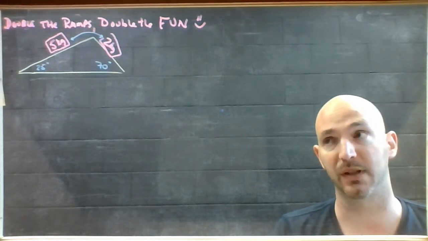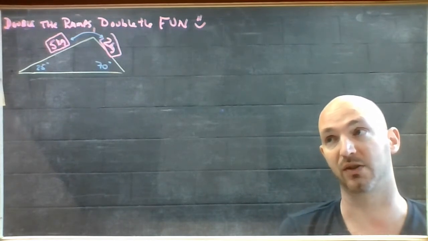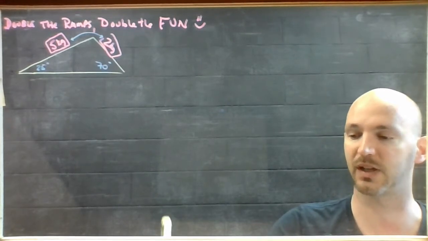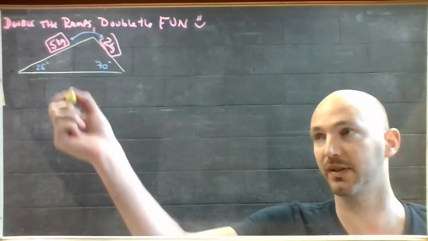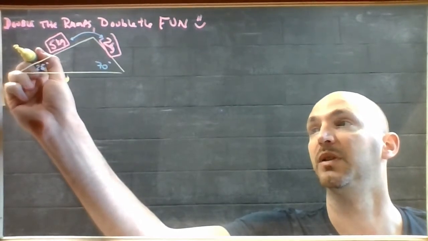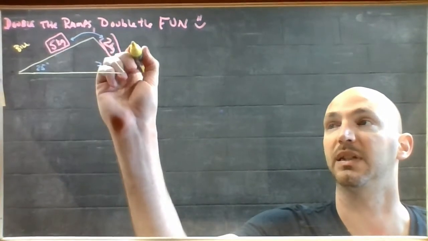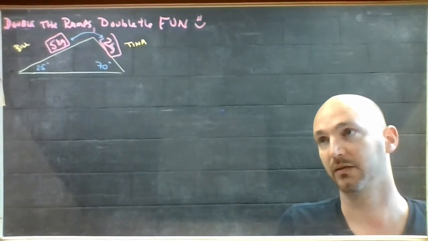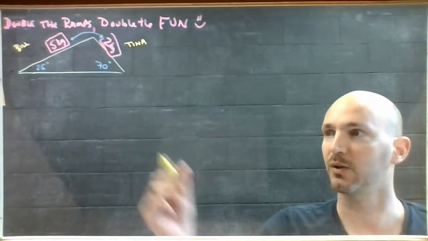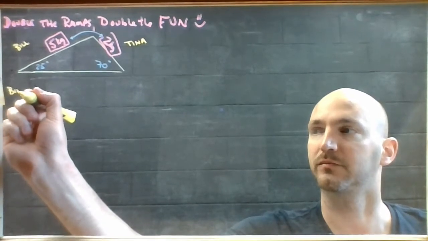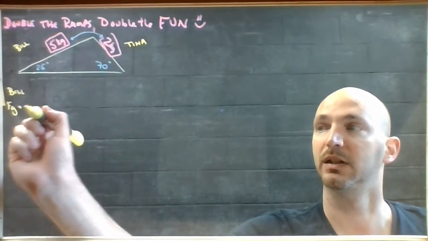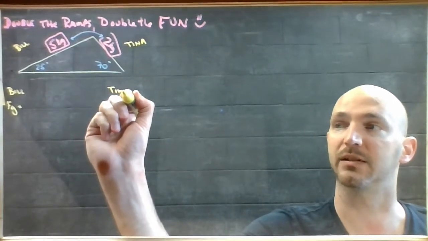For this first one, I'm going to leave friction out of it so that it's not too complicated. I'm also going to give these some names so that I don't have to keep calling it the 5 and the 2. This can be Bill, and this can be Tina. So for Bill, I can do a force of gravity, and I can do a force of gravity for Tina.